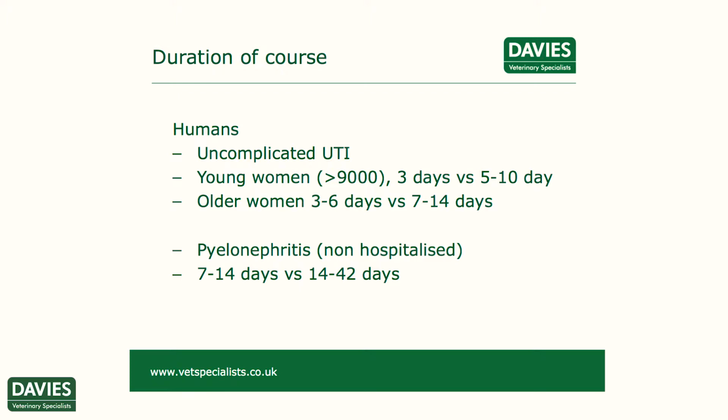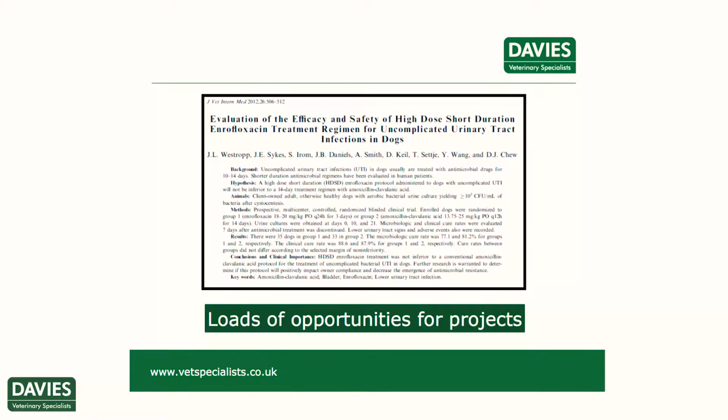That's based on a lot of evidence and a lot of reviews. The challenge is in the veterinary literature, there's not a lot of papers to back up these modifications of therapy duration. A lot of the treatment durations that we use are typically extracted from human medicine.